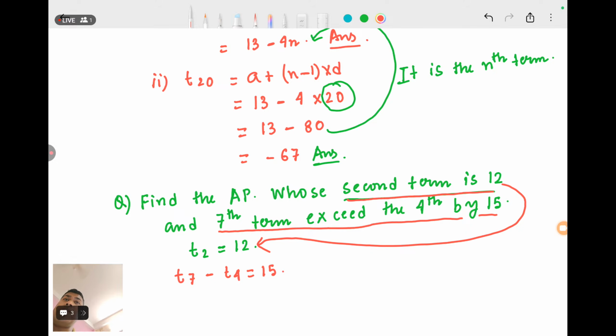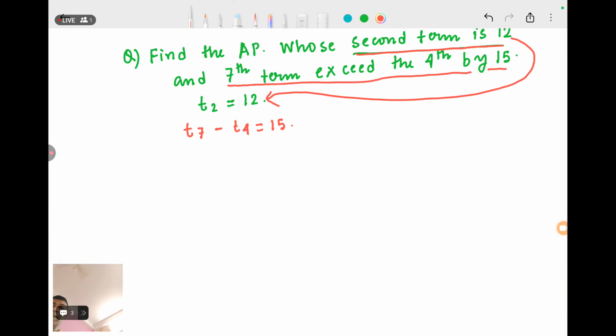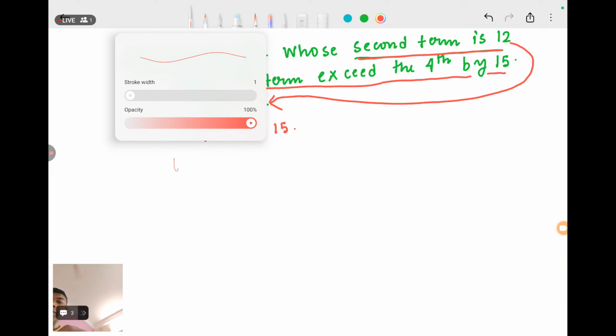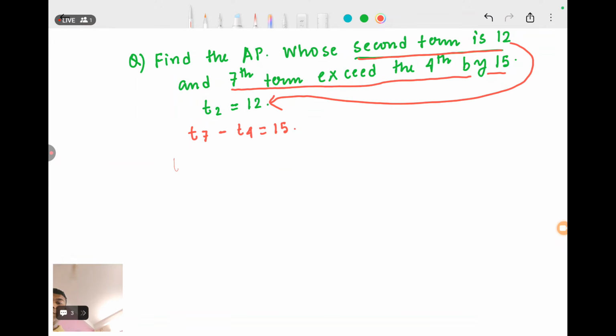Now we will solve this question and try to find the arithmetic progression. Tn is equal to a plus n minus 1 into d.